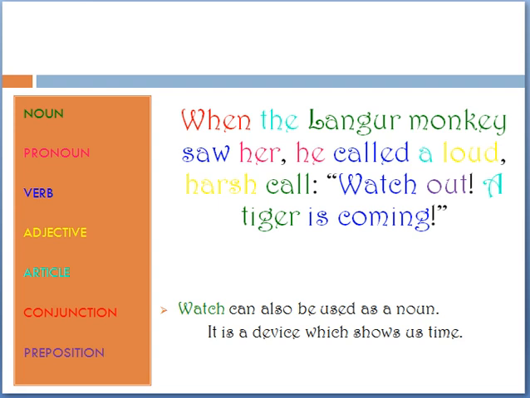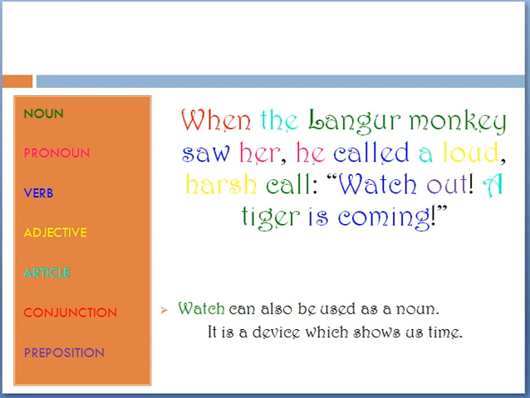Now students, what is the function of a conjunction? Conjunction is that part of speech which joins two or more different parts of a sentence. So which two parts is the conjunction joining here? The langur monkey saw her, this part, and the next part is he called a loud, harsh call.